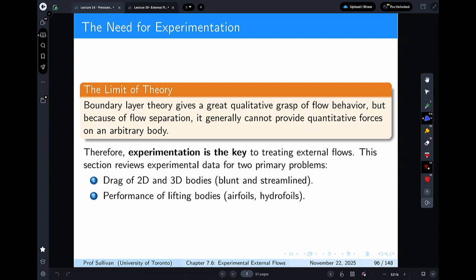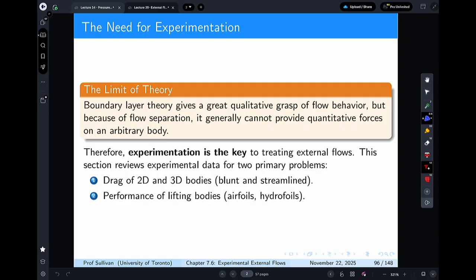And with flow separations, things get very difficult, and we need to go a little bit further. Boundary layer theory gives you a great qualitative grasp of flow behavior, but because of flow separation, it can't provide quantitative forces on an arbitrary body. And so this section of the chapter starts to present a lot of empirical data.